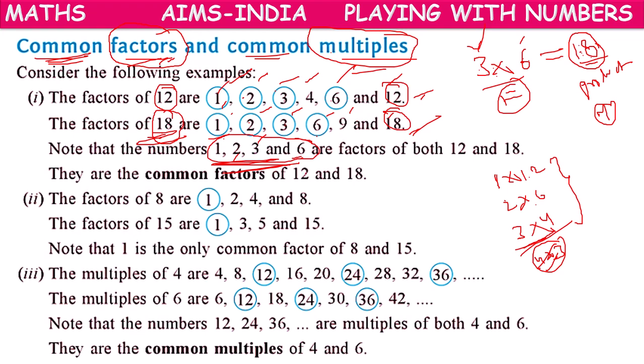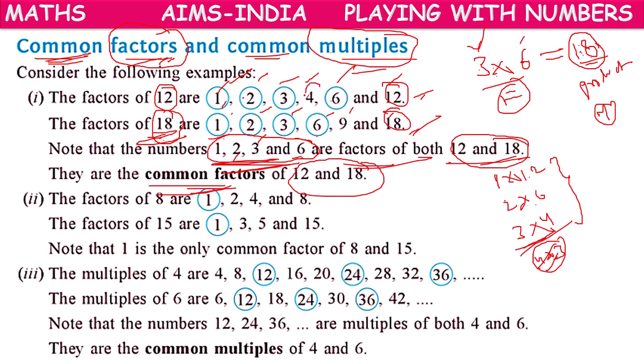Hence, they are factors of both 12 and 18, and these factors present in both the given numbers are called common factors. So the common factors of 12 and 18 are 1, 2, 3, 6.